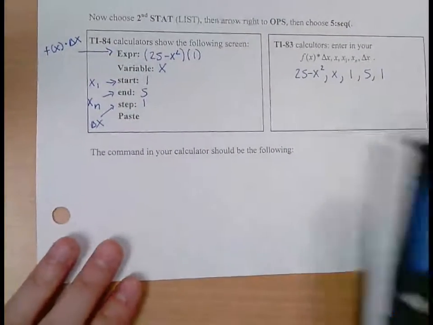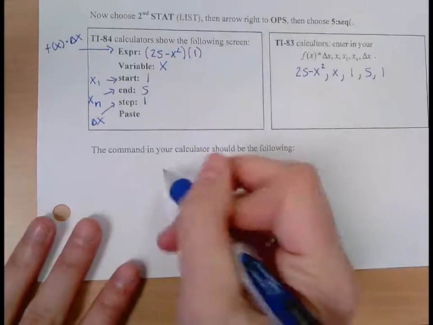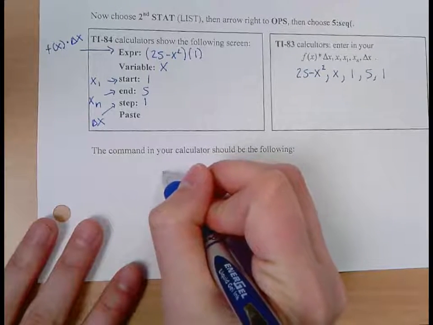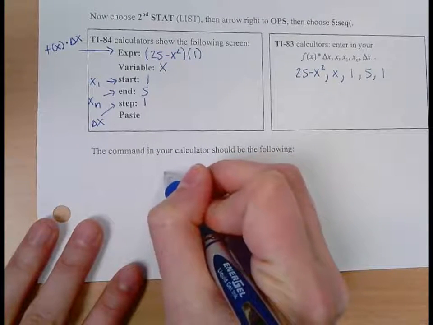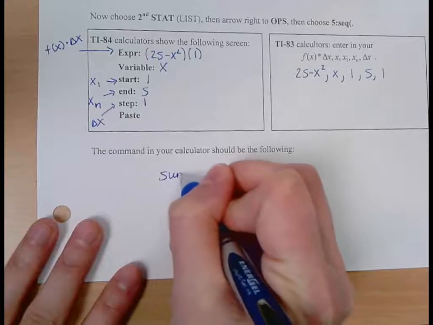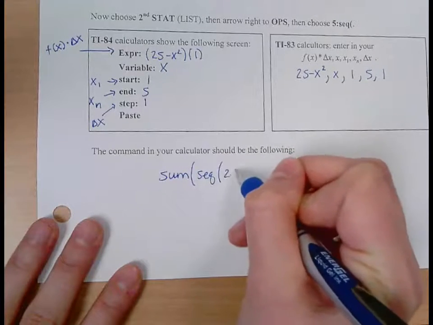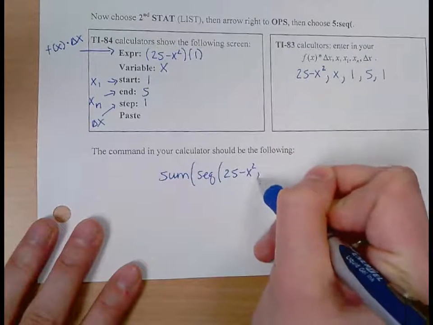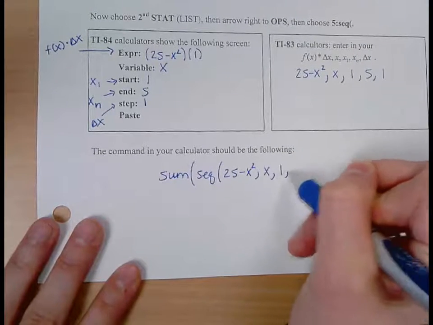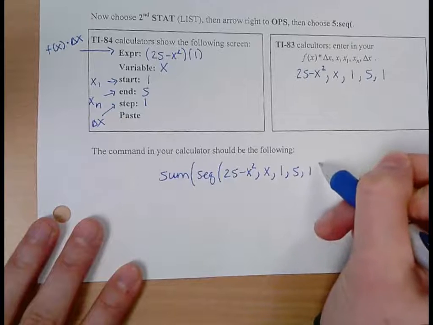Okay, so I'm actually going to write this out just so if you want to write it down, you know what you saw in your calculator. This is the command your calculator showed you: sum sequence 25 minus x squared, comma, x, comma, 1, comma, 5, comma, 1.